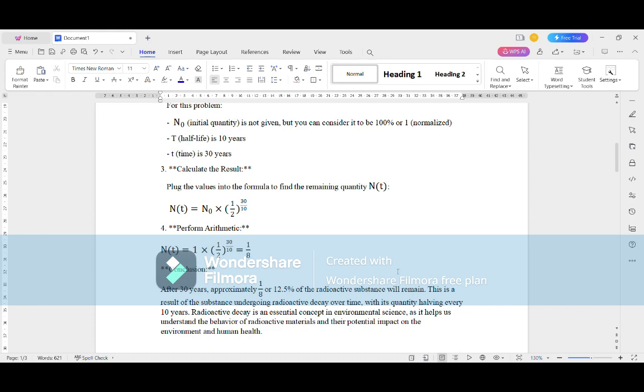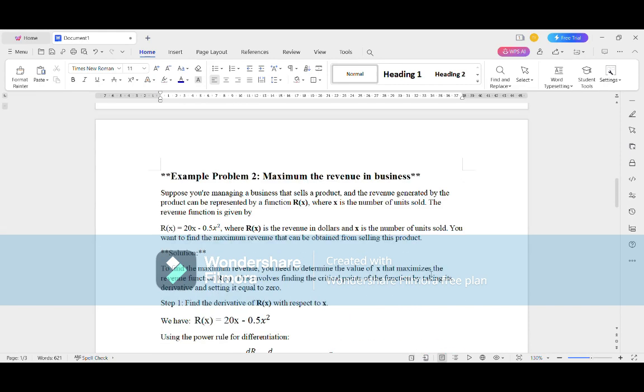Let's take a look at the second example, the maximum revenue in business. Suppose you are managing a business that sells a product, and the revenue generated by the product can be represented by a function R(x), where x is the number of units.